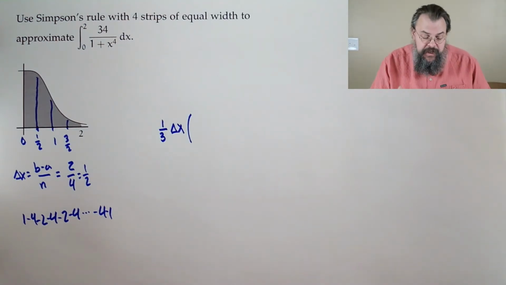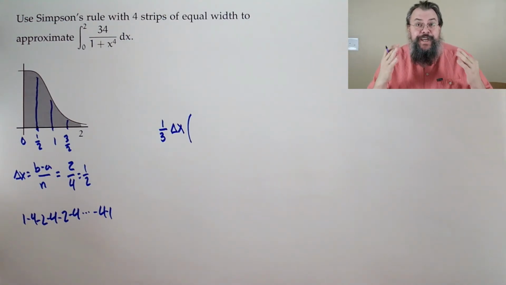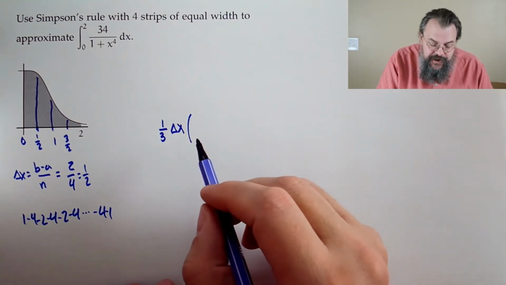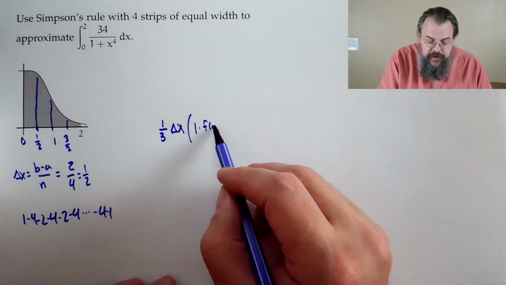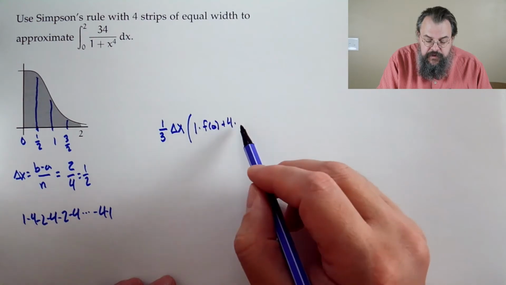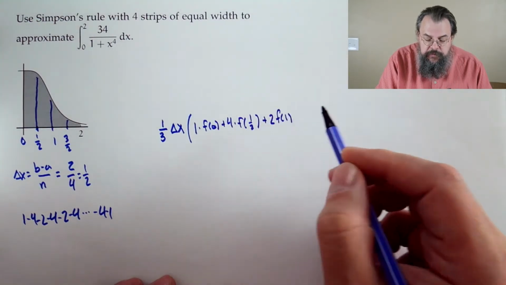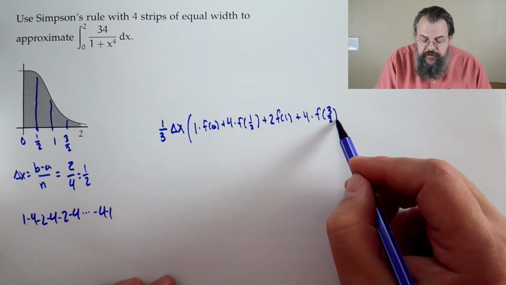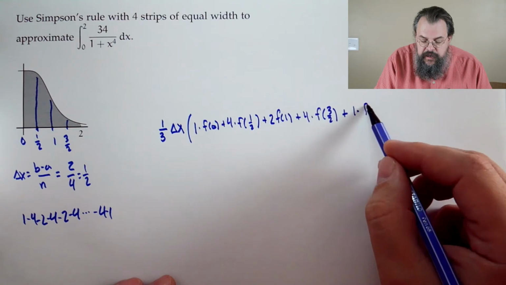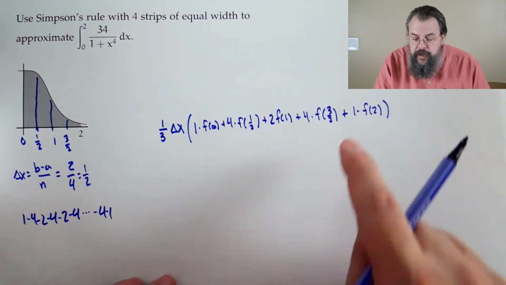In this case, we did. If we didn't, go back and change the problem. So in our case, it would be 1 times f of 0, plus 4 times f of a half, plus 2 times f of 1, plus 4 times f of 3 halves, plus 1 times f of 2. So it's that pattern, 1, 4, 2, 4, 1.